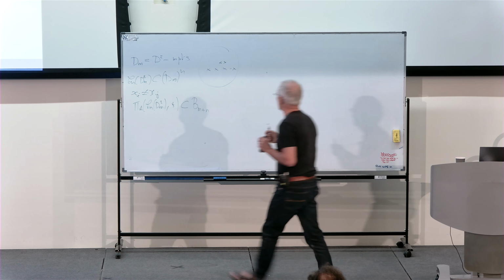And from this, if you take a homomorphism from, for example, Z2, and this you can do by abelianization, the kernel of this homomorphism will allow to build a covering space for this Cn of Dm.